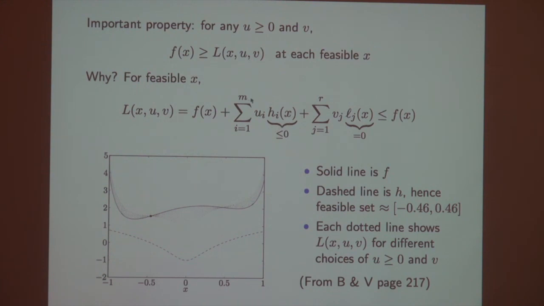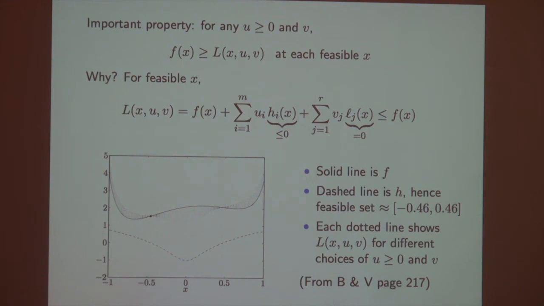So I'm summing up a bunch of things that are all less than or equal to 0. The result is something less than or equal to 0. Similarly, for a feasible point, l_j of x is equal to 0. So this term is always equal to 0 no matter what v_j is, and that's true when I sum it up as well. Okay, so that's just less than or equal to f of x for a very simple reason.